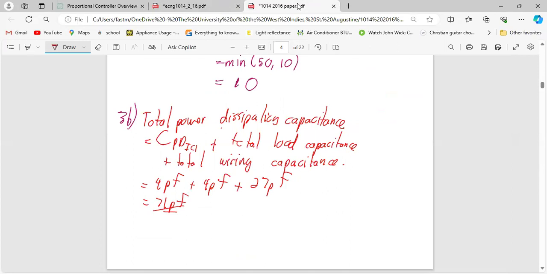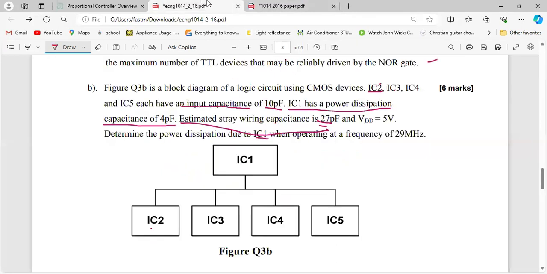All right, and then the last thing, which is actually the answer to the question, the power dissipation is equal to the total power dissipation capacitance, multiplied by the voltage squared, which is VDD, multiplied by the frequency. All right, so if we go back to the question, VDD is 5 and the operating frequency is 20 megahertz.